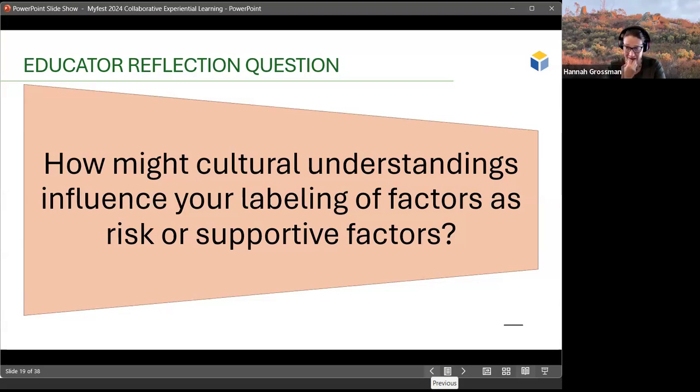So Irene's comment about whether it's a risk or supportive factor with church is directly related to different cultural understandings and how our cultural understandings are shaping our perspectives and opinions. Now, in order to learn about this kind of social emotional complexity, we need to be able to dive into complexities around cultural understanding and cultural interaction.